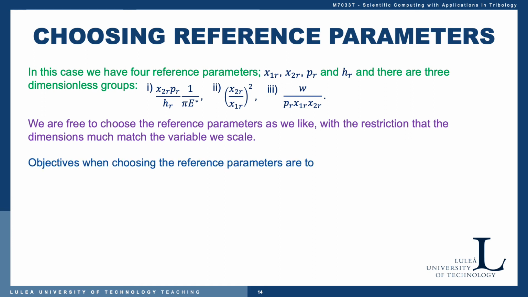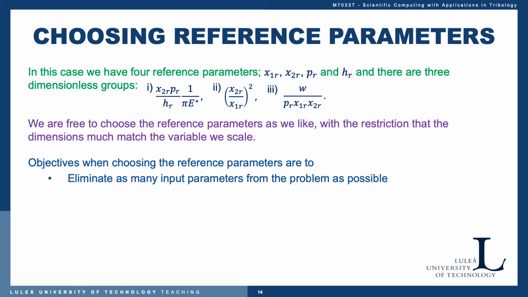One of them is to eliminate as many input parameters from the problem as possible, because if we do, we can solve the problem numerically for very few variations in our input parameters, and then just scale back to obtain the results for a huge class of dimensional dependent variables.